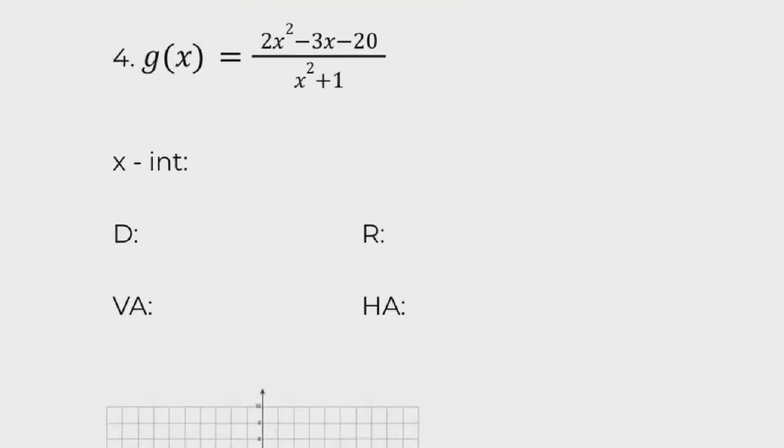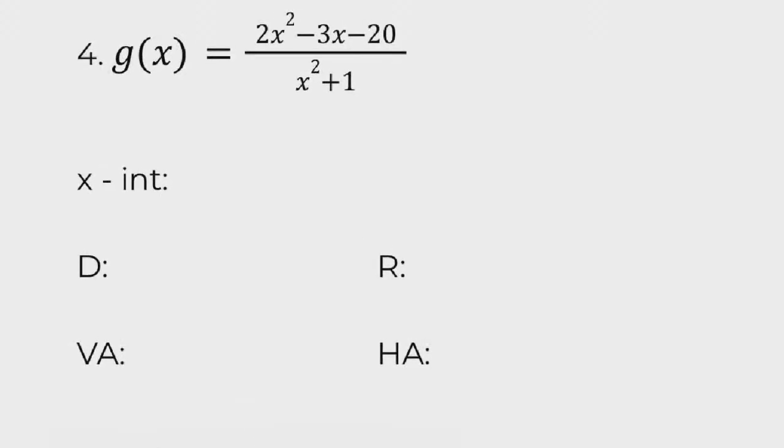Okay, next one, we have 2x squared minus 3x minus 20 over x squared plus 1. So the x-intercept is when we set the numerator equal to 0. And to solve this, we're going to use the x method, or we're going to factor. So this would be -8 and 5, and on the top would be 2x.